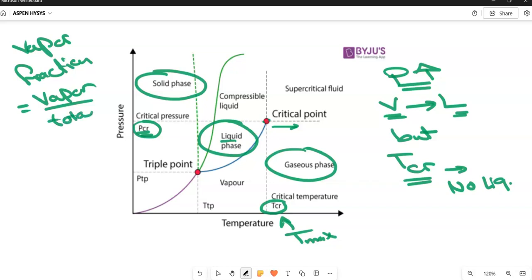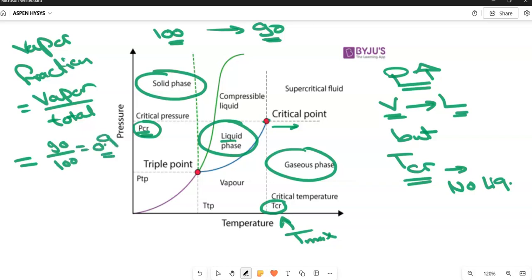If I have a total of 100 and 90 of this 100 is in the vapor phase, my vapor fraction will be 90 divided by 100, so it will be 0.9, which means I have 0.9 vapor and 0.1 liquid.